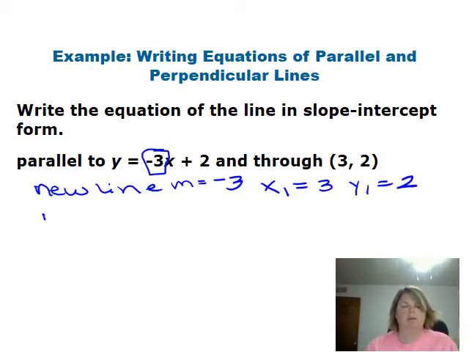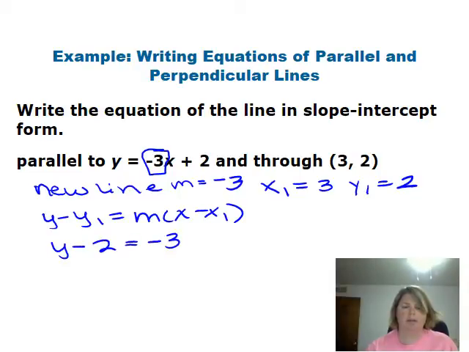So we start with y minus y sub 1 equals m times x minus x sub 1. Plug in what we know: y minus 2 equals negative 3 times x minus 3. Again, we want slope-intercept form, so I'm going to distribute the negative 3 to the x and the negative 3.